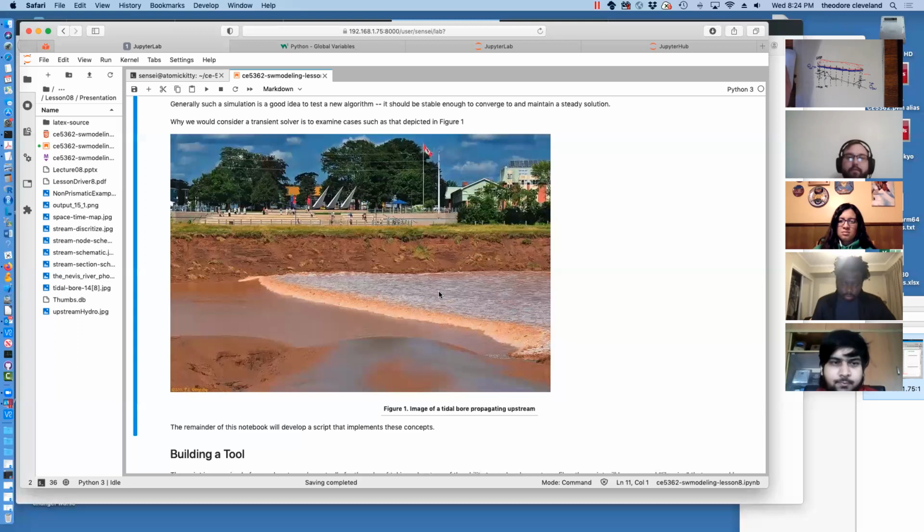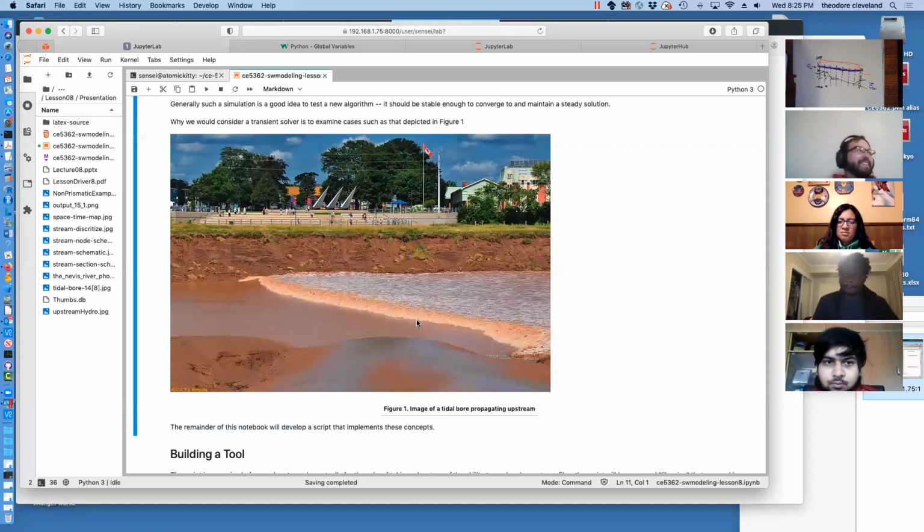So there is a wave that's propagating upstream. It's called a tidal bore, not to be confused with what I'm like at a dinner party, a different type of tidal bore. And so the velocity at any point in this system is changing both with space and time.